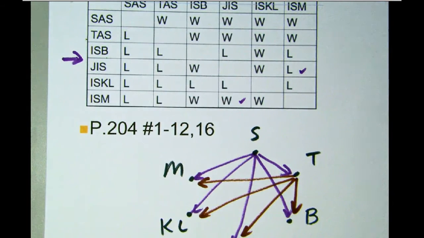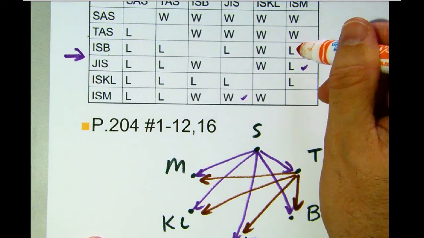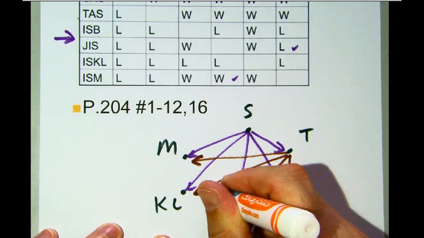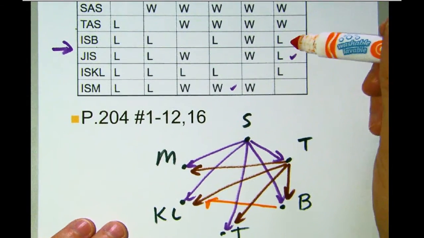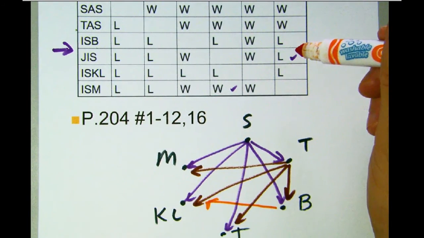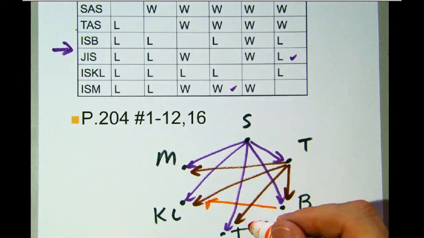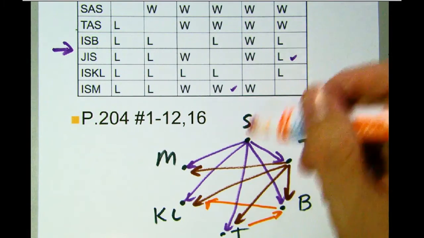And then if I go to ISB, double check me if I'm doing this right. ISB ended up just beating KL. So I get that there. And then also I have JIS beat ISB, and JIS also beat ISKL.